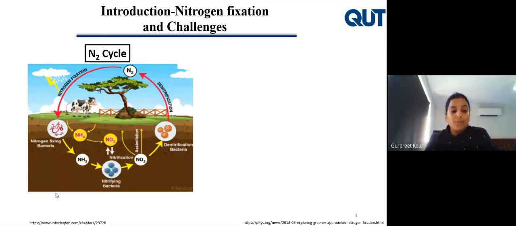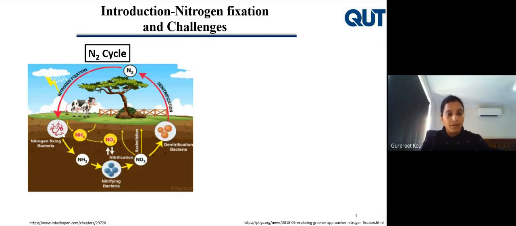And then the ammonia is converted to nitrate using nitrifying bacteria. And at the end, we have denitrification, where nitrate is converted to nitrogen. So nitrogen moves from the atmosphere to terrestrial to marine ecosystem in different chemical forms.